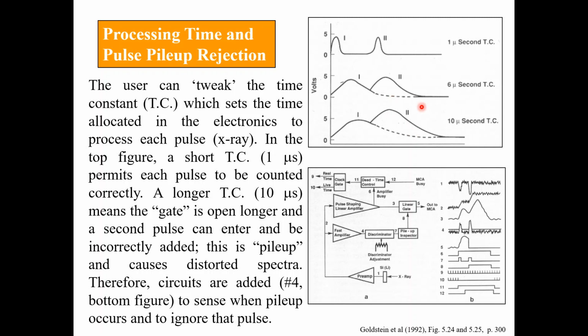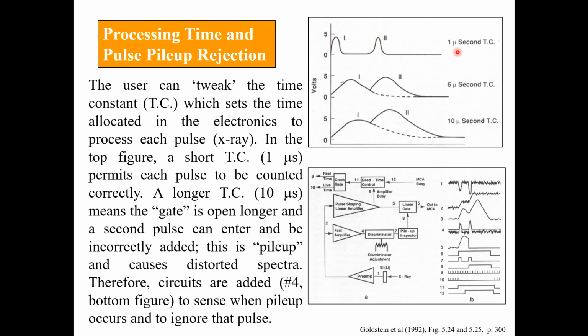Each pulse means the X-rays. So here in this figure, a short TC, that is time constant, which is equal to 1 microsecond. The short time constant permits each pulse to be counted correctly. Here you can see we have pulse 1 and this is pulse 2.